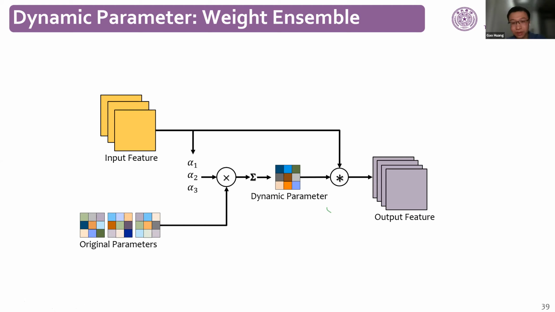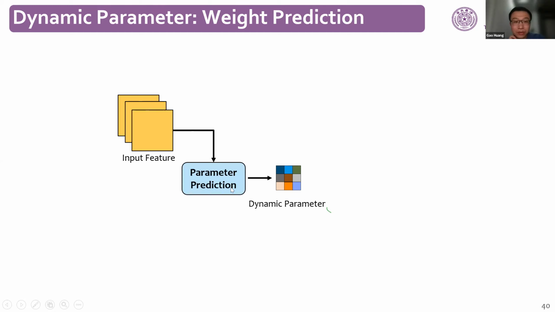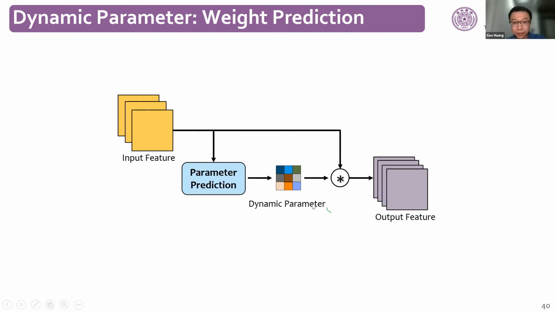And a more direct way is to directly predict the parameters from the input features. And this dynamic parameter predicted by the parameter prediction module is applied to the input feature. So this is the third way to achieve dynamic parameters in convolutional networks.